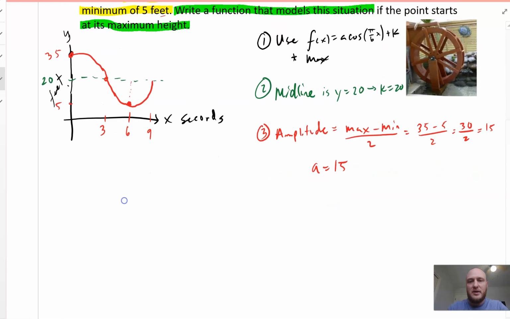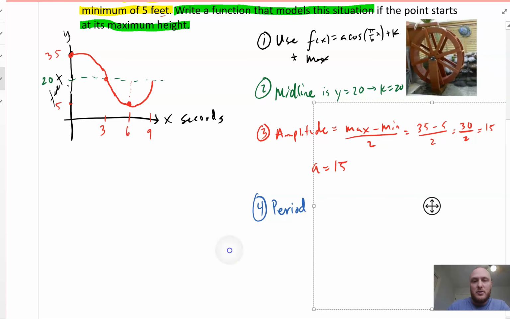Next, what is our period? Well, a couple of ways you could do this. From the crest to the trough is 6 seconds. So here's that horizontal distance from the crest to the trough, that's 6.